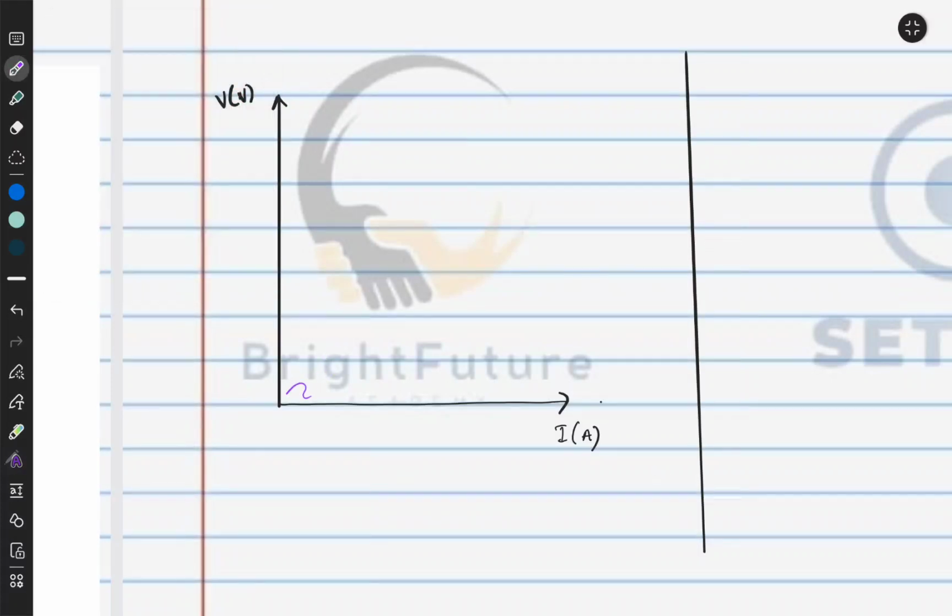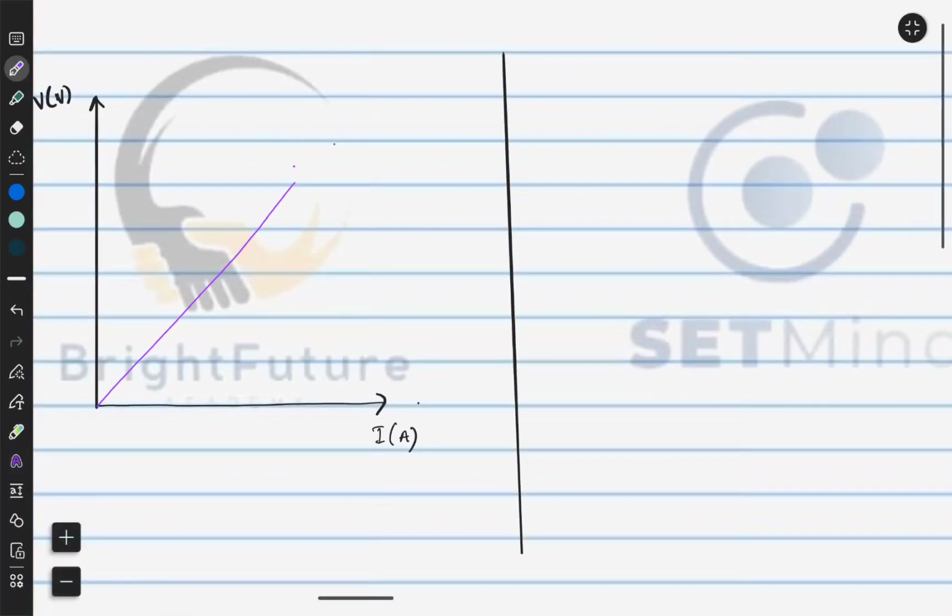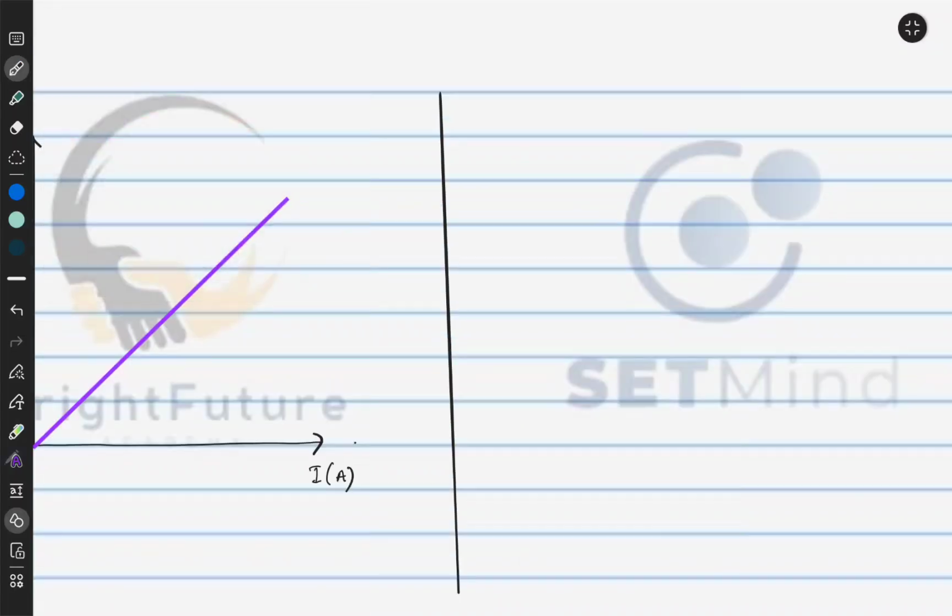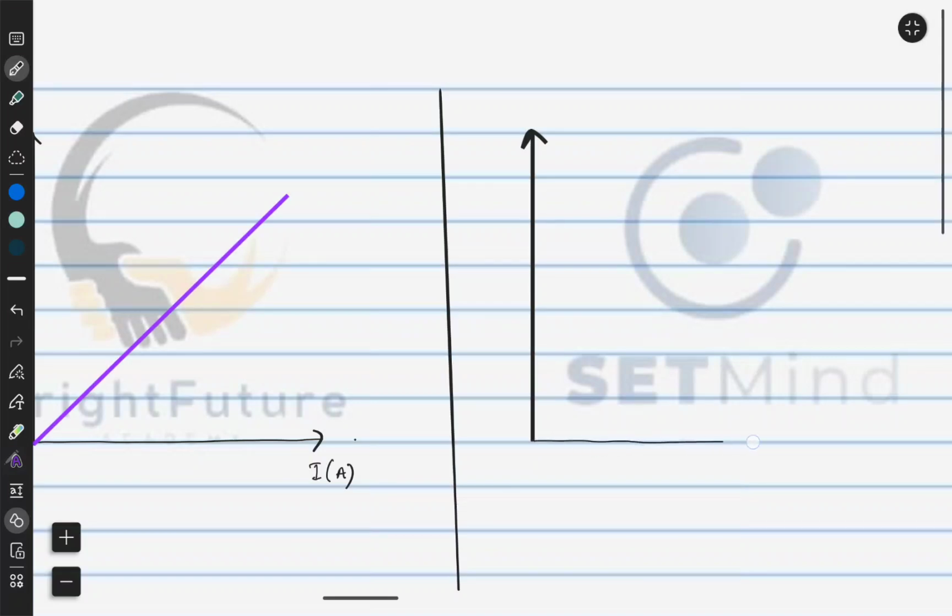For an ohmic conductor, you will get a plot like this, a simple straight line showing the direct relationship between voltage and current, showing that voltage is directly proportional to the current. However, if on the other hand you plot the same thing but for a non-ohmic conductor, what you would get is something different, right?